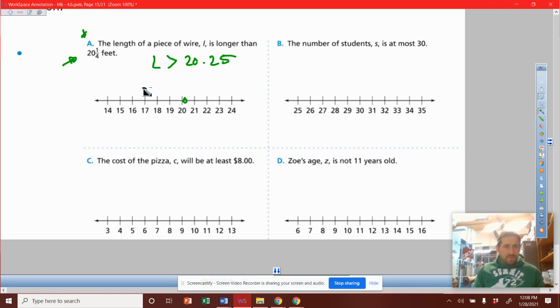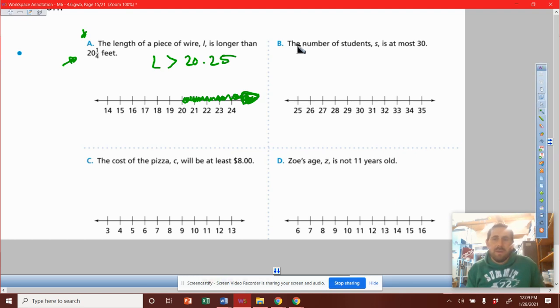So I have 20 and 0.25, and if it's going to be longer, I can start picking a bunch of different numbers that are longer than that, but to indicate all the possible solutions, all I do from this open dot is I create a line. So any point that I pick on this line, and this is an extended arrow that would go on to like 100, 200, it would just keep going, right? All those numbers are going to be bigger than 20.25.